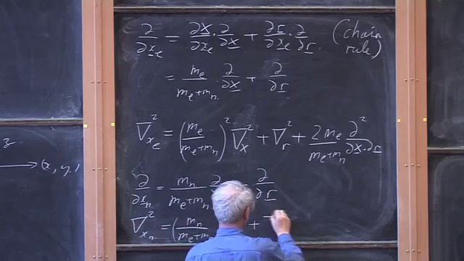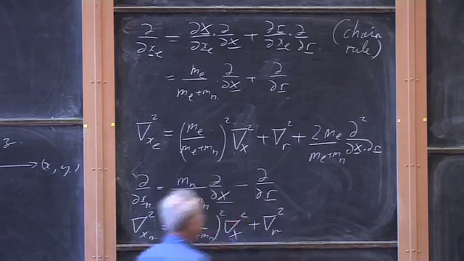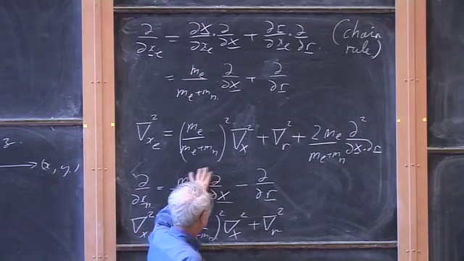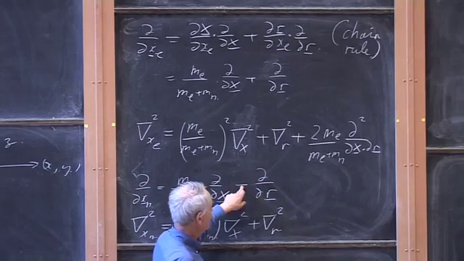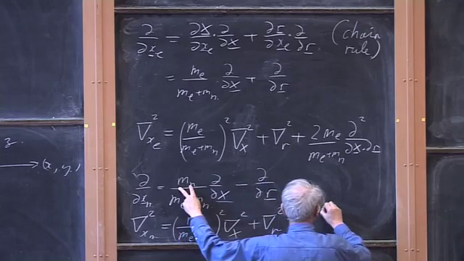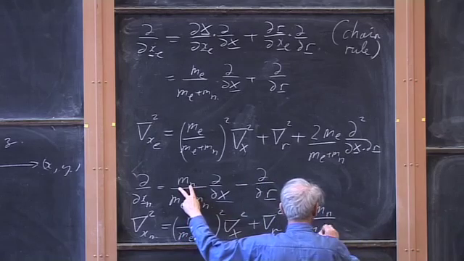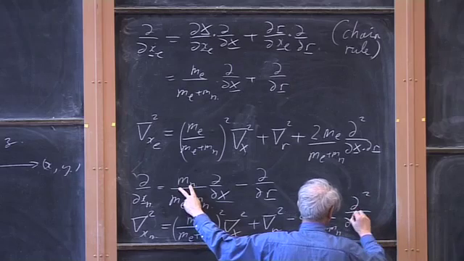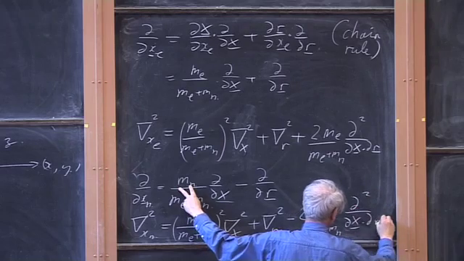So this becomes a plus del squared with respect to the separation variable components. And then we get this on this, where now the minus sign is manifest. We get minus twice this, which is mn over me plus mn of d2 by dX dr.